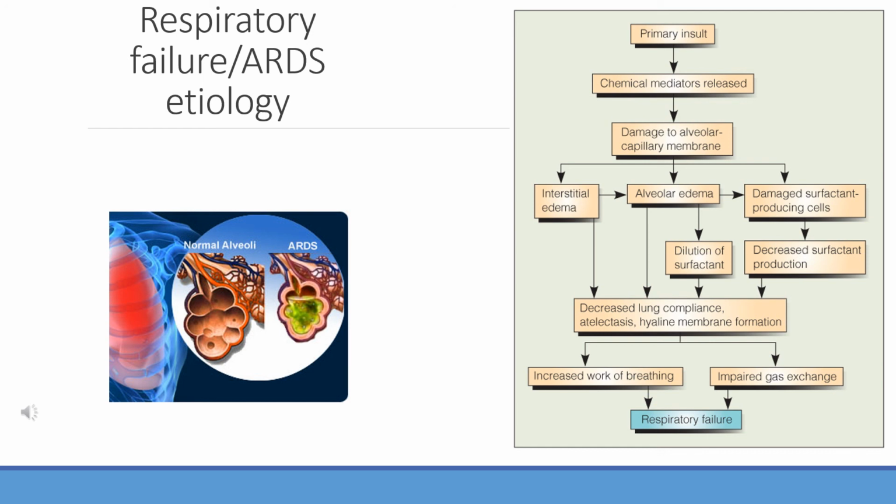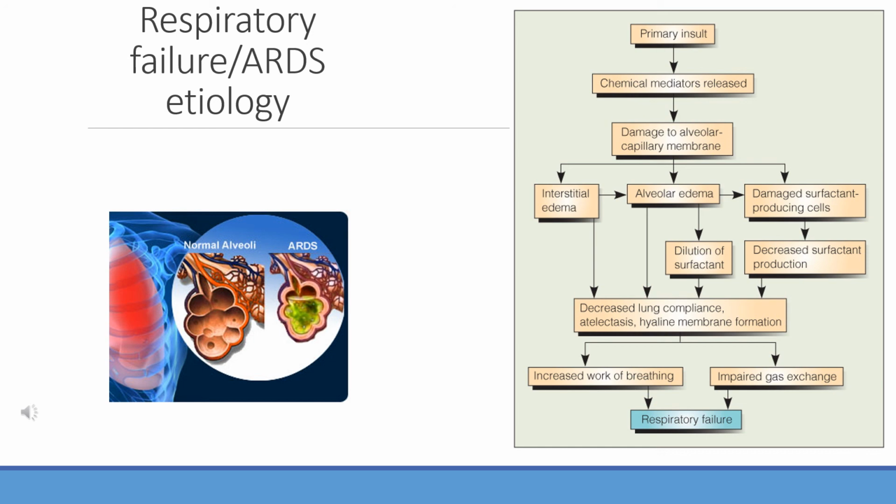Damaged capillary membranes allow plasma and blood cells to escape into the interstitial space, where increased interstitial pressure and damage to the alveolar membrane occur, and then fluid is allowed to enter the alveoli through the blood-gas barrier. Within the alveoli, the fluid dilutes and inactivates the surfactant.